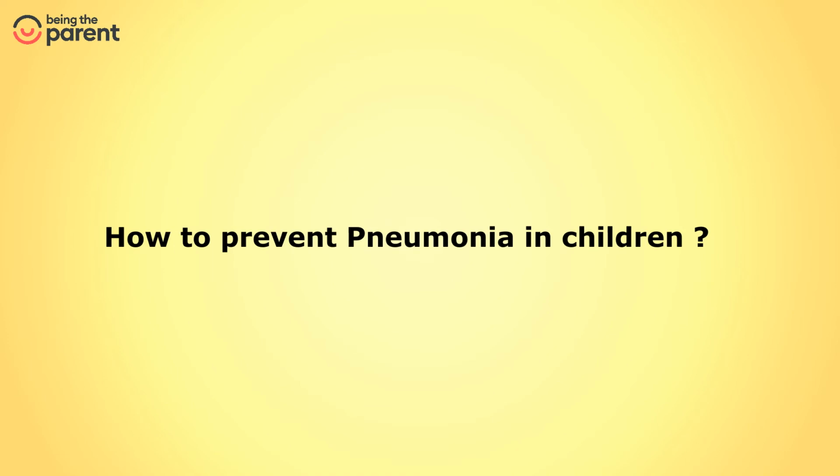How to prevent pneumonia in children? So the most important step to prevent pneumonia in children is vaccination. We all know pneumonia is caused, at least in urban centers, purely because of Streptococcus pneumoniae, and we have a vaccination that can prevent this particular disease from happening.